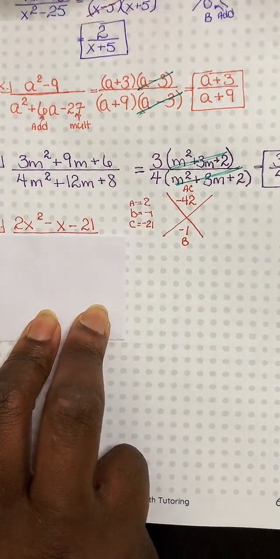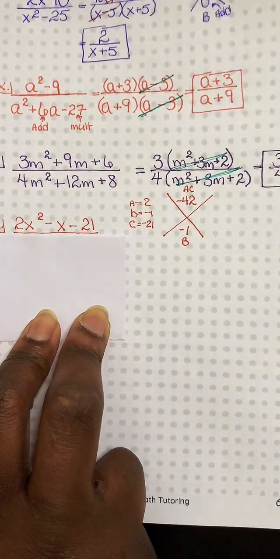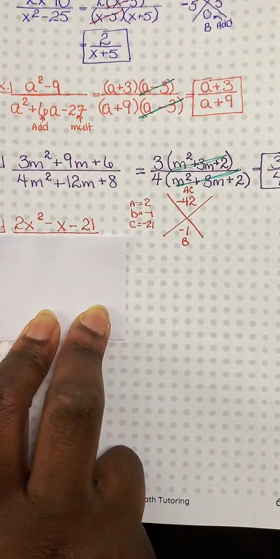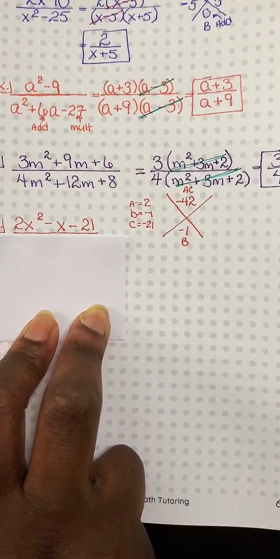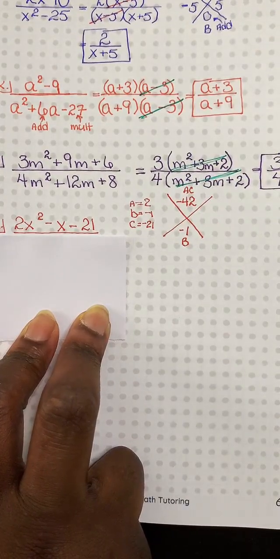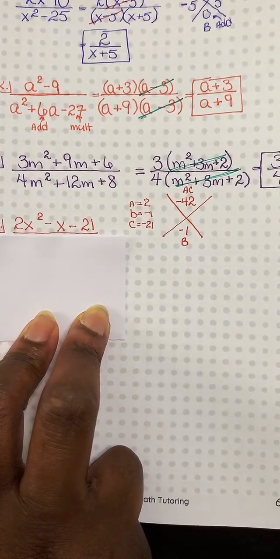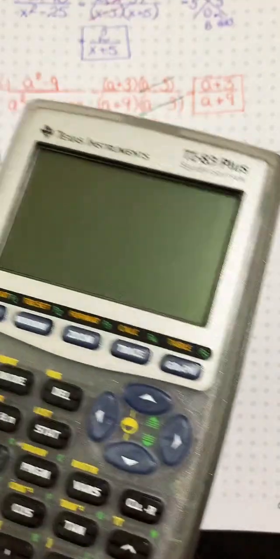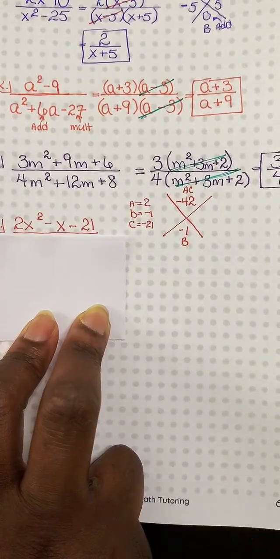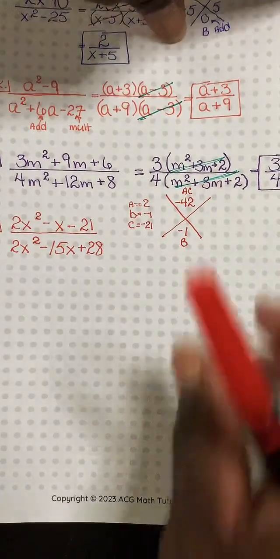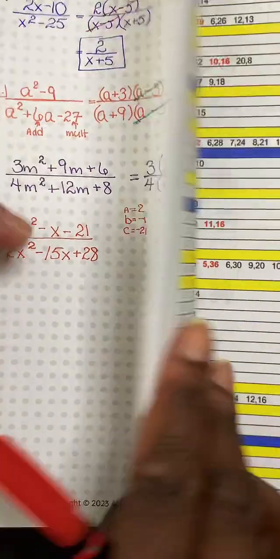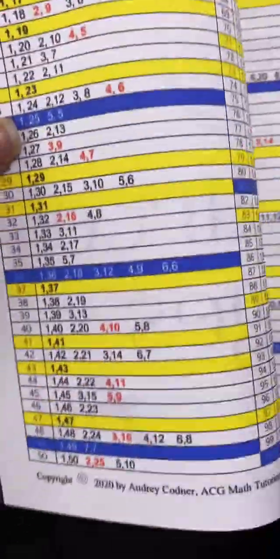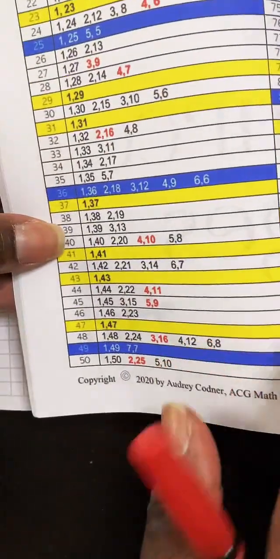Now, if multiplication is not your strong suit, and believe it or not, a lot of people, it isn't. Because once we had that graphing calculator introduced into the classroom, multiplication wasn't really top dollar. But knowing that information in my handy dandy notebook, I'm going to look up 42.